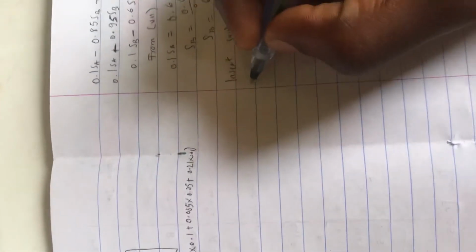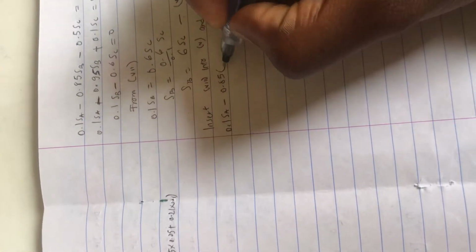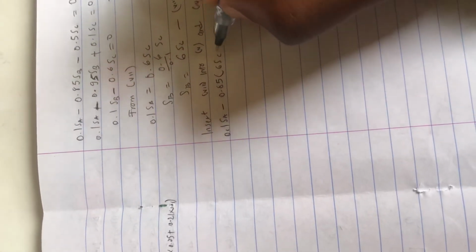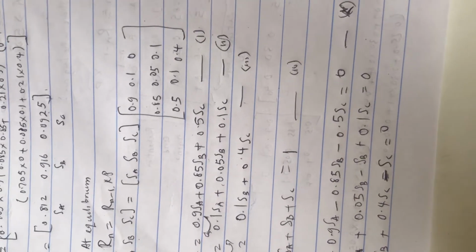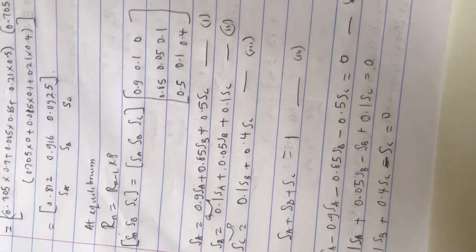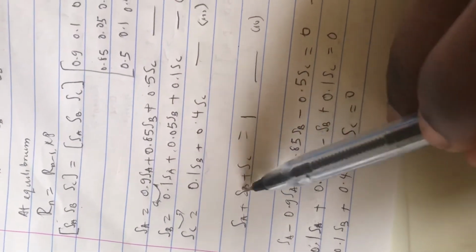Insert this into 5, I will have 0.1 SA minus 0.85 times 6 SC minus 0.5 SC equals 0. Then from equation 4 I will have SA plus 6 SC plus SC equals 1, because SB is 6 SC.